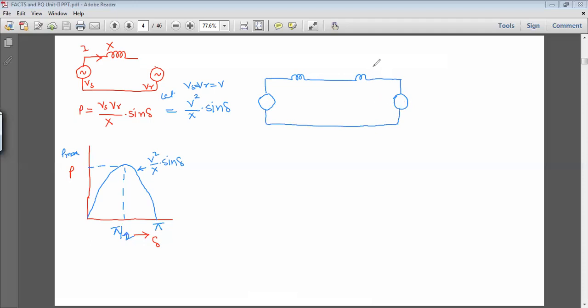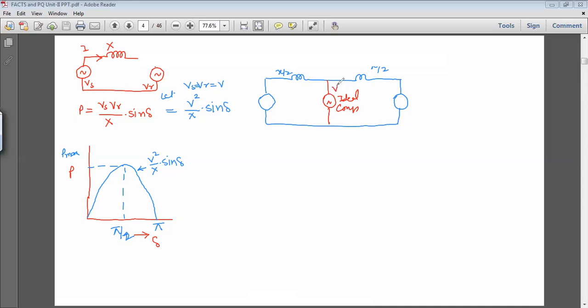Only this reactance becomes X upon 2. This reactance becomes X upon 2, and here we are connecting a shunt ideal compensator.